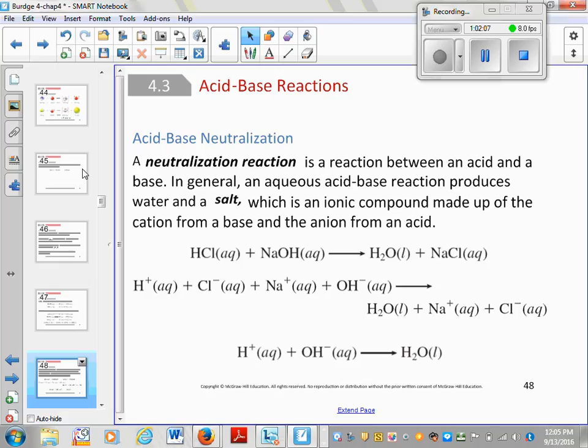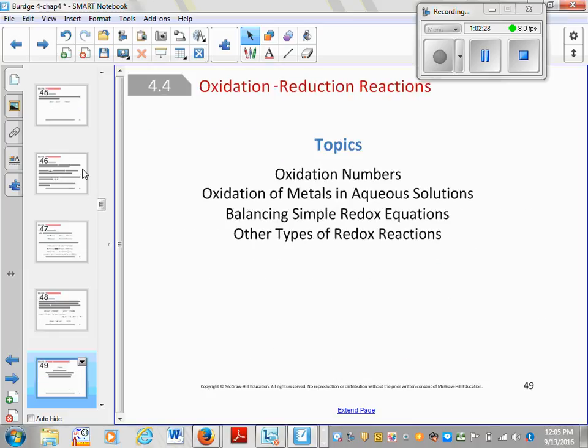So it hurts, it's painful, you go in the house, get some baking soda, make a paste and put it on there, and you'll neutralize the formic acid. And we'll talk about neutralization reactions later on in the chapter.